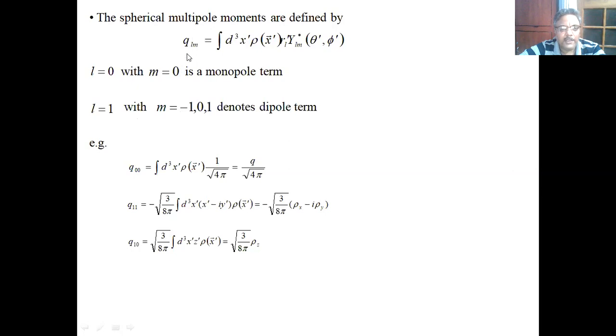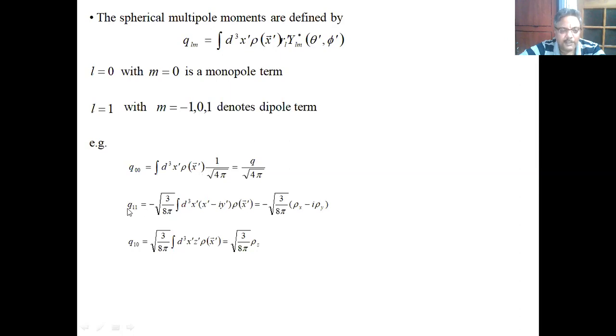We can calculate the value of this quantity small q for these indices, like q for L equal to 0, M equal to 0 is this. And the value of the Legendre polynomial with the indices 0, 0 is 1 upon root 4 pi.